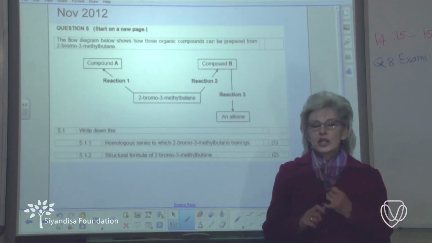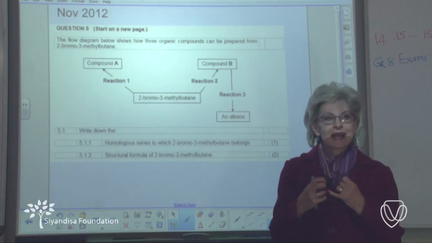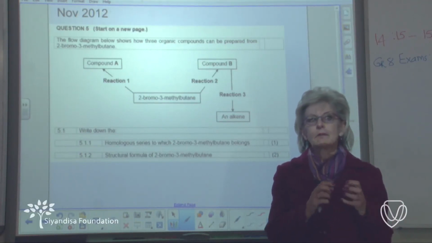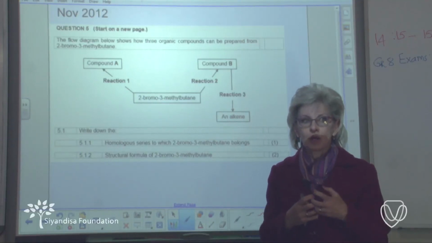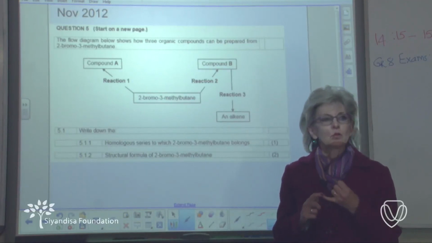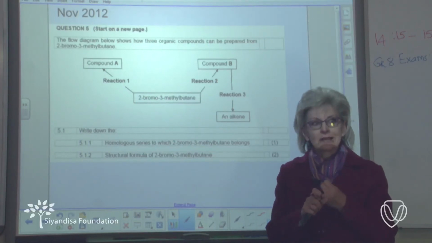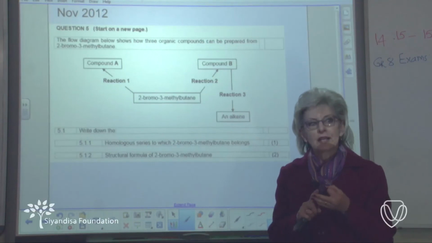Okay, we can generalize. If we've got an unsaturated compound, in other words, an alkene that turns into an alkane, it means that we need to get rid of the double bond. That means we need to add a whole molecule, so it's addition. And we get different types of addition. You can add water, so it's hydration. You can add a halogen, then it's halogenation. You can add hydrohalogen, then it's hydrohalogenation.